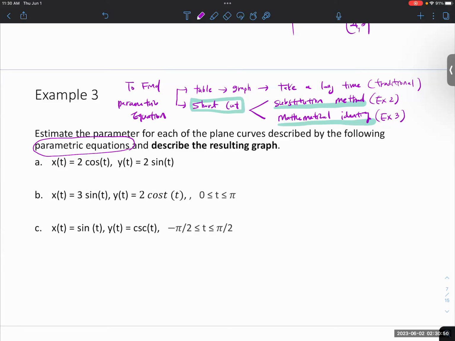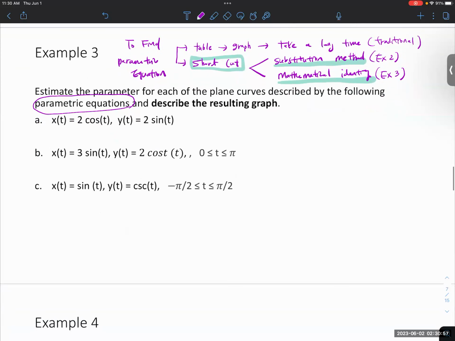It could be linear, it could be quadratic, whatever, right? So I'm not going to use the traditional way, create a table, fill out the box and graph it. It takes a long time. So in this example, let's look at it. If you want to use the substitution method, well, x equal to 2 cosine t, it doesn't really make sense to solve for t.